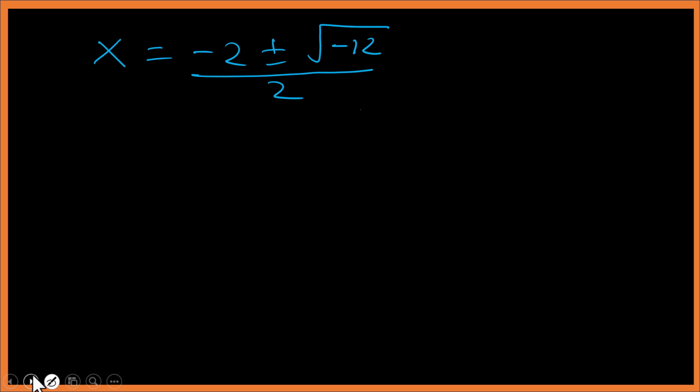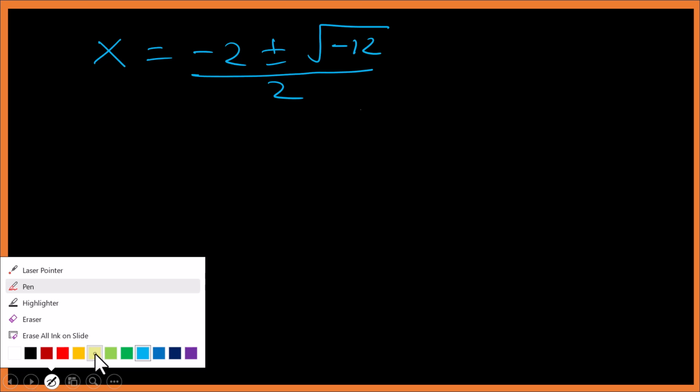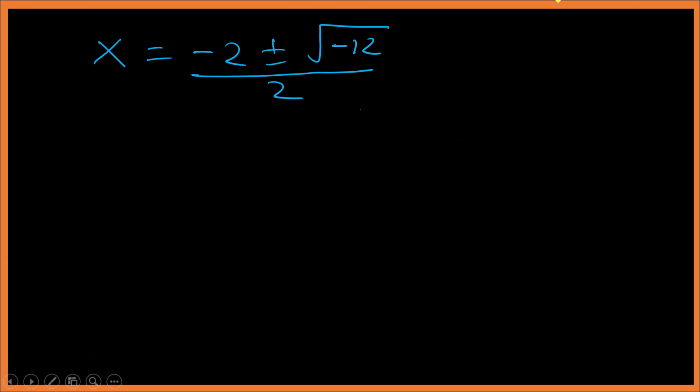Okay, now let's see how we can solve this. Now remember, the square root of -1 is the same as i from complex numbers. It means that i squared is -1.